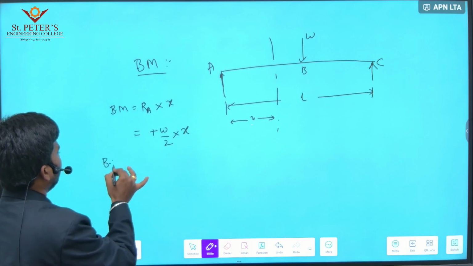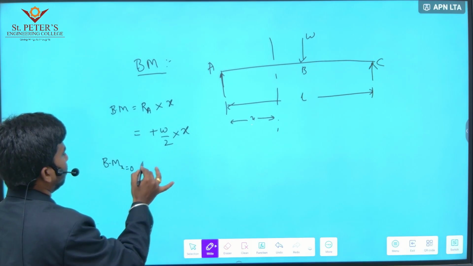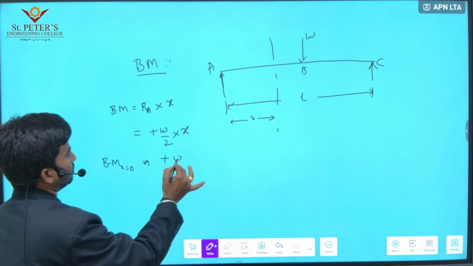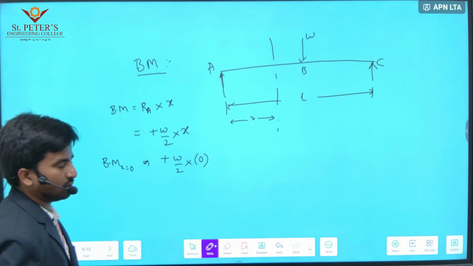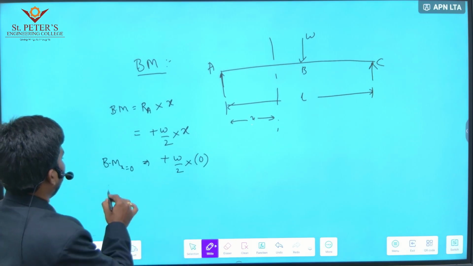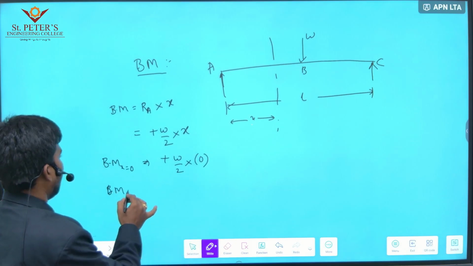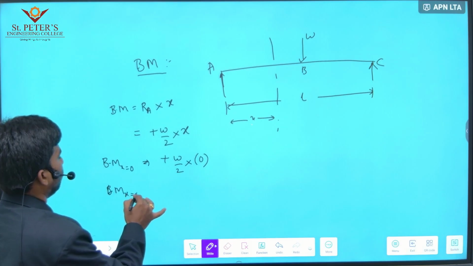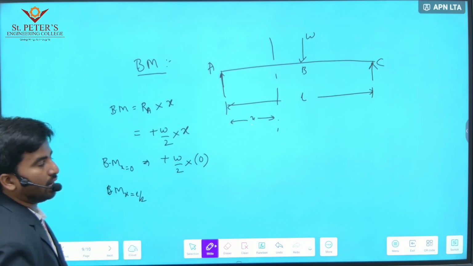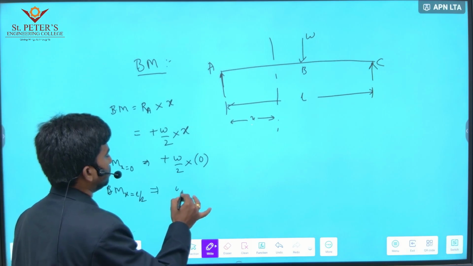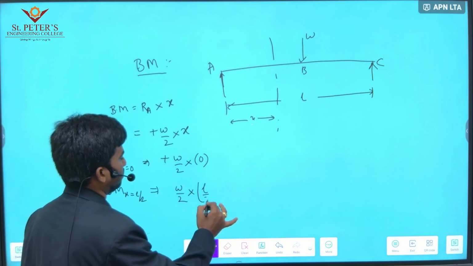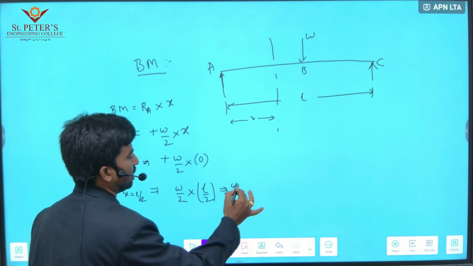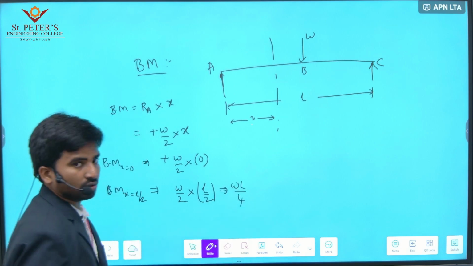The bending moment at x equal to 0 is W by 2 into 0, that is 0. At x equal to L by 2, the force is W by 2 and the distance is L by 2. Therefore the value is WL over 4.